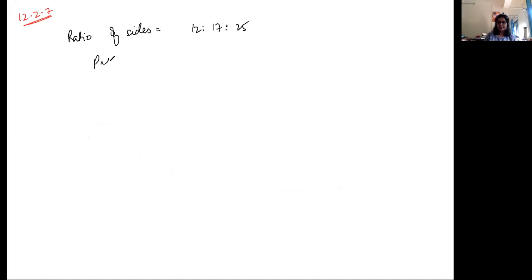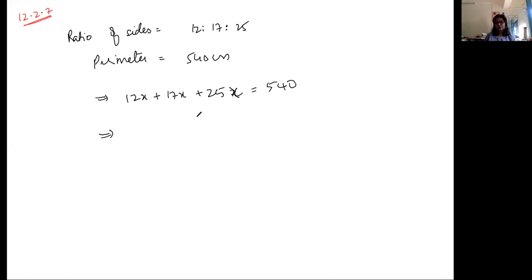So perimeter is equal to 540 centimeter, which means that 12x plus 17x plus 25x is equal to 540. On solving this, you get 12 plus 17 is 29, 29 plus 25 is 54. 54x equal to 540, which means that x is equal to 10.